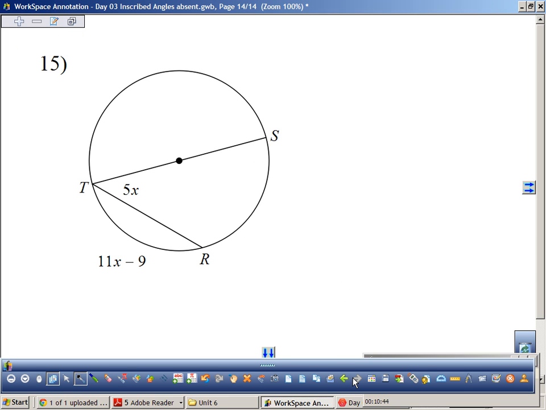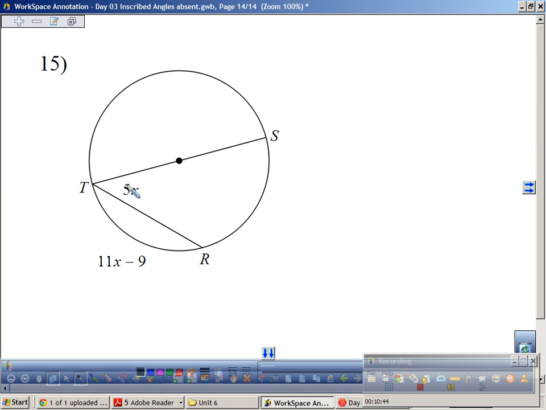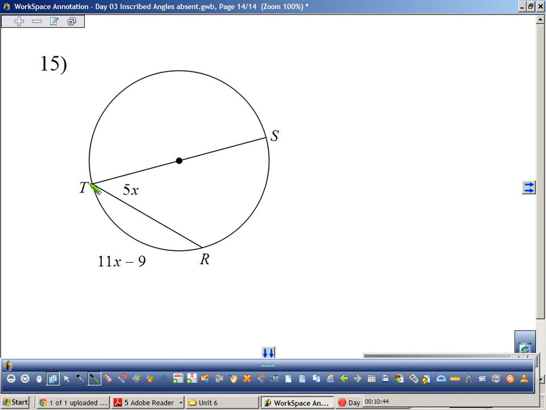All right, I'm going to do one more with you. Number 15. So number 15, I've got an inscribed angle here. An inscribed angle is half of the measure of the intercepted arc. So I'm going to go ahead and, well, I'll take care of that in a second. So I'm looking for x, and it gives me this.